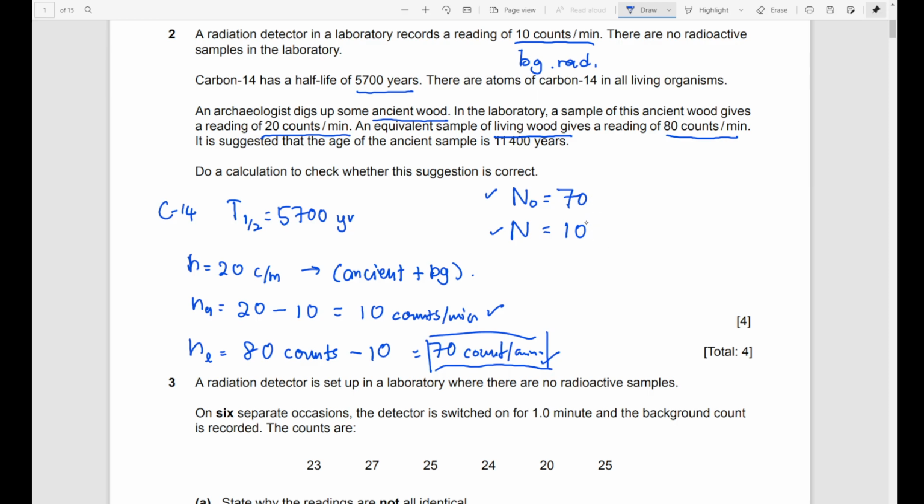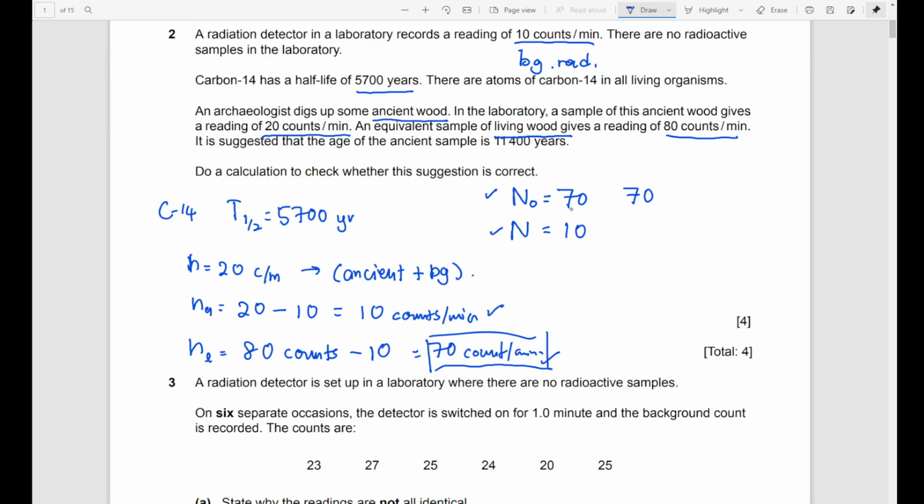From this information, we can calculate the age of the sample. We know that the initial reading coming from the wood should be 70.